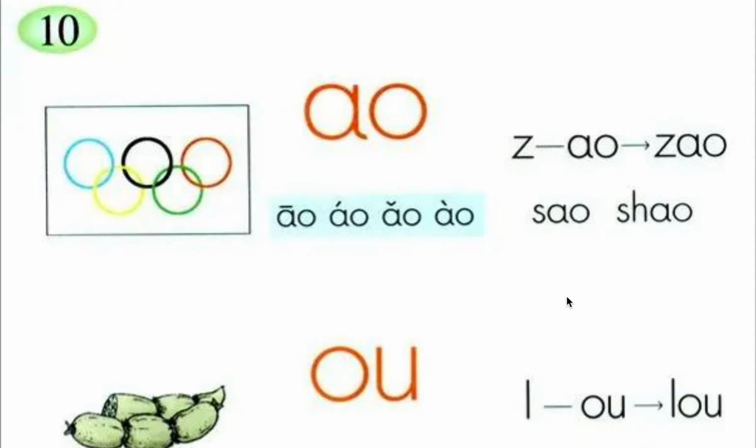And again, two combined ones. AO is pronounced ao. Here, I put this picture because of the Olympics. Ao. Four tones: ao, ao, ao, ao. Again, ao, ao, ao, ao.